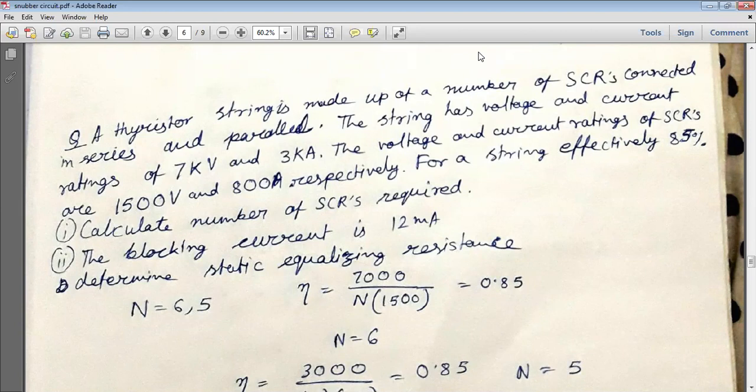For a string efficiency of 85%, calculate the number of SCRs required. The blocking current is 12 milliampere. Determine the static equalizing resistance. So here N is 6 and 5.